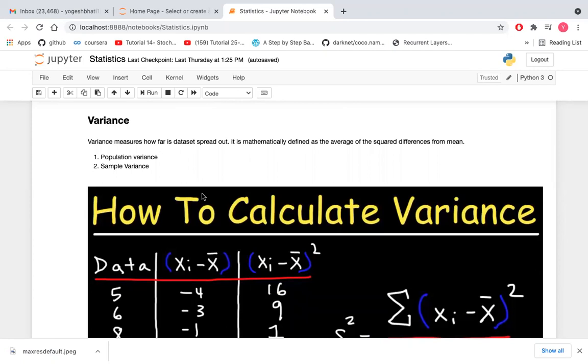So variance defines the spreading properties of our data set. First of all, let's understand what population variance is and what sample variance is.